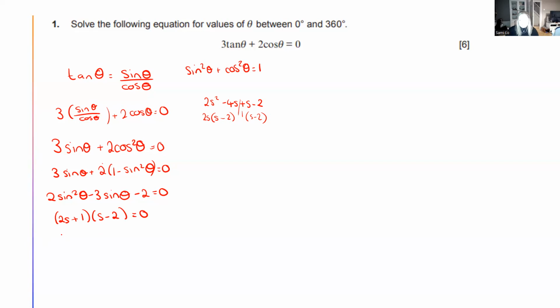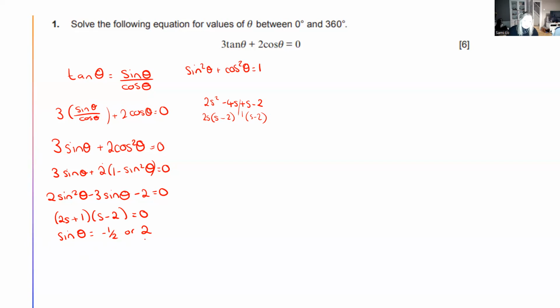Once we're at this point, it's really lovely. We've got 2 options now. We know that sine theta is either minus 1/2 or it's 2. Now, if we think about our sine graph, we have limits of 1 and minus 1.